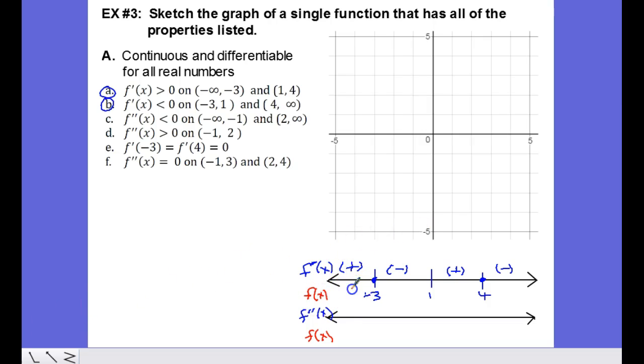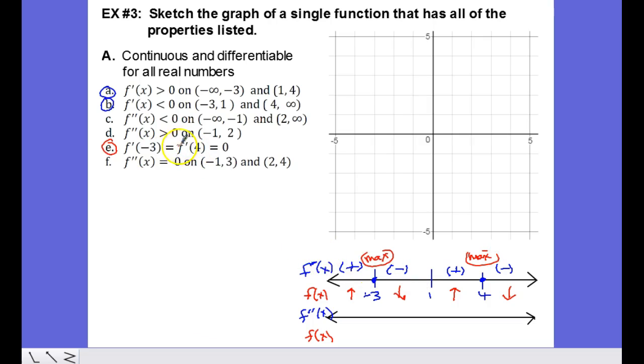So f is increasing when the slope is positive, decreasing when the slope is negative, so that means that -3 is going to be a max. All right, now for 4, increasing and decreasing. And that means, again, that we are going to have a max.